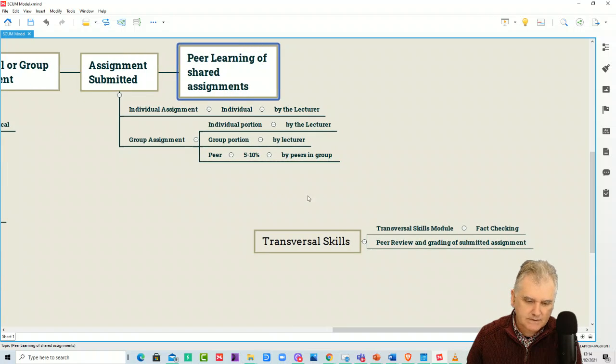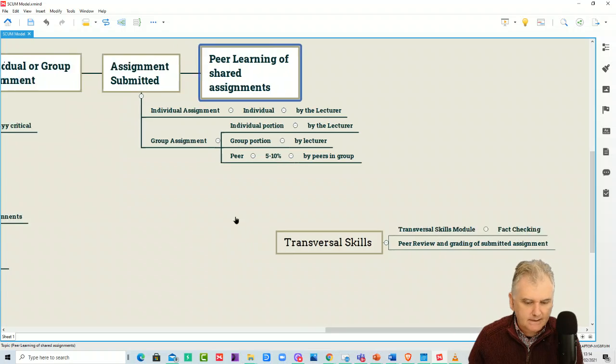And the last part was this idea of peer discussion, which we said we would build more and more into the transversal skills module, so we could have greater peer marking and peer grading in that process based on a bigger group discussion. So that was the summary.